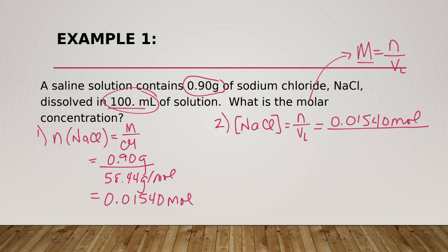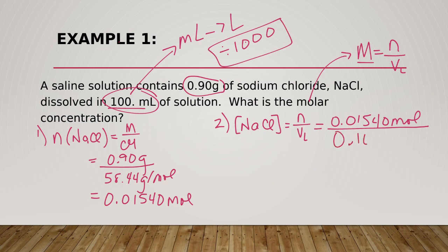To convert from milliliters to liters, we need to divide by 1,000. Make sure that you know that. If I take 100 and divide it by 1,000, I get 0.100 liters. When I divide those two values out and round to 2 sig figs, I get an answer of 0.15.